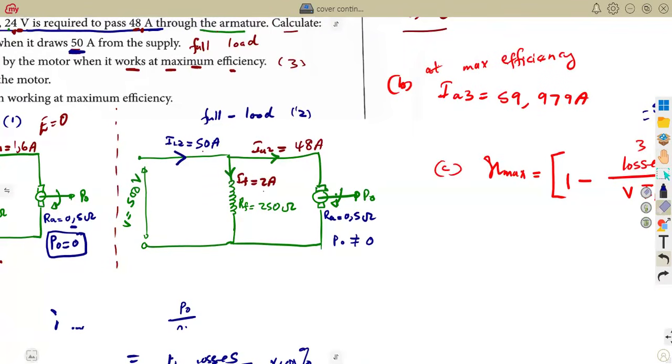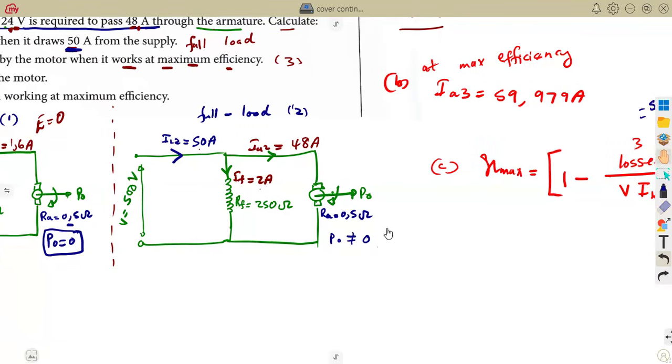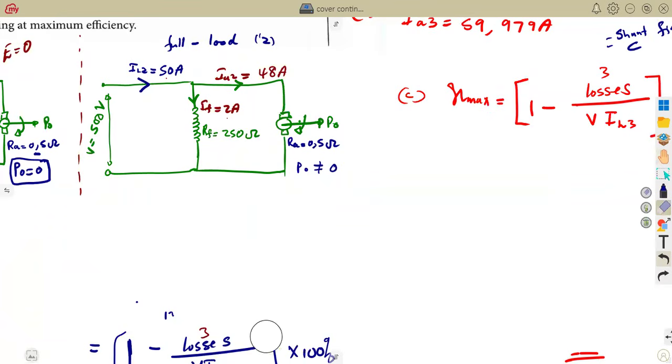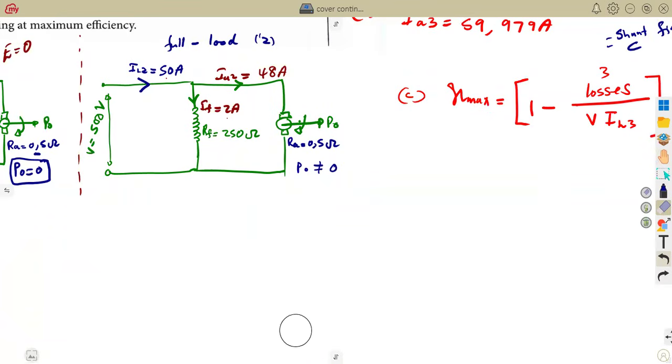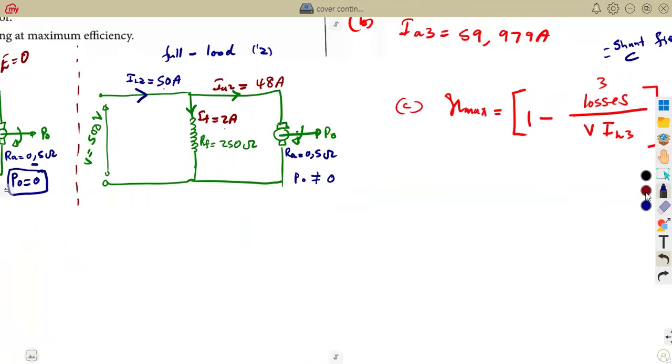This is what you're going to have if you want to represent the diagram so that you can determine the currents at maximum efficiency.